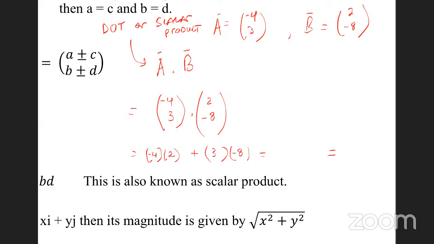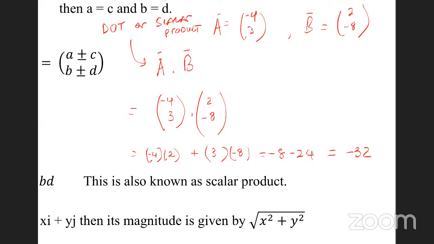That's putting them in position. You're multiplying the top 2, the bottom 2, and then adding them. So that's minus 8 minus 24. So you'll end up with minus 32. So that's the way you multiply vectors.